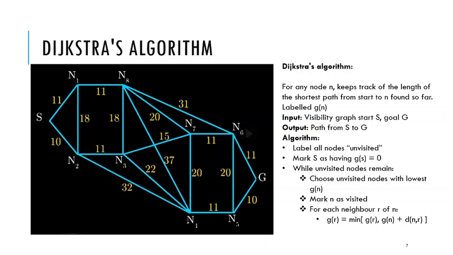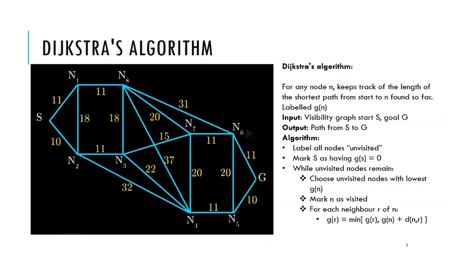First of all, you say all the nodes are unvisited, so we don't have anything written on them. The only node that you know something about is the start. What you know is the length of the shortest path from the start to itself, which is obviously 0.